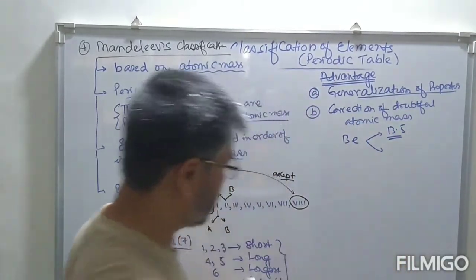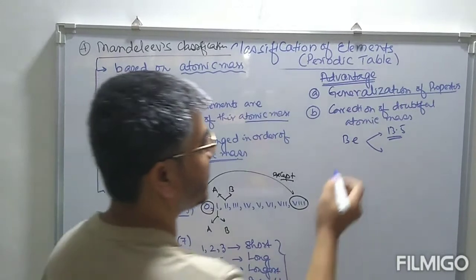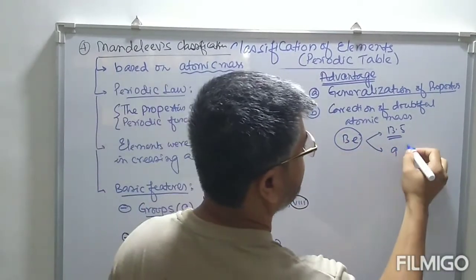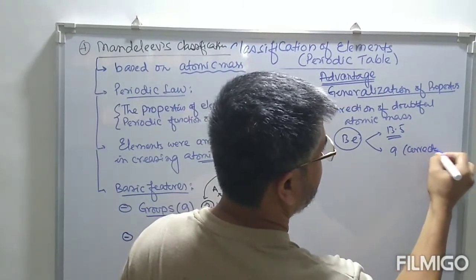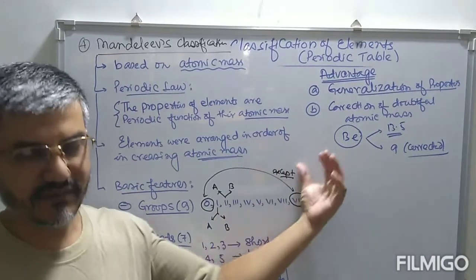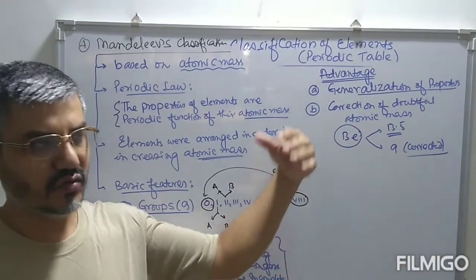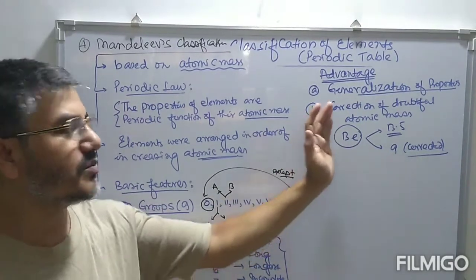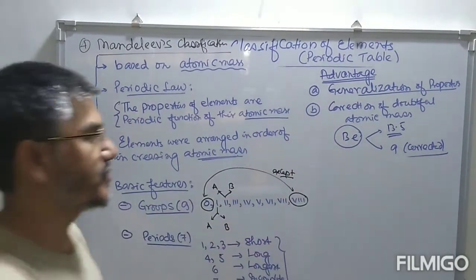But after Mendeleev's classification, he corrected the atomic mass of beryllium to be 2. In this way, many elements available during this period that had doubtful atomic mass were corrected by using Mendeleev's classification.